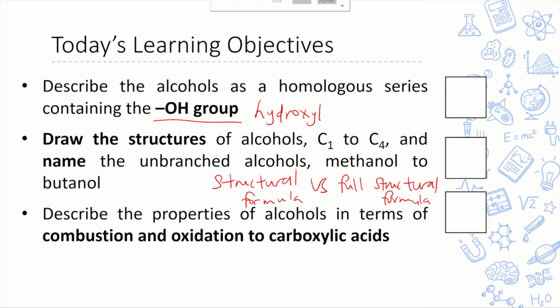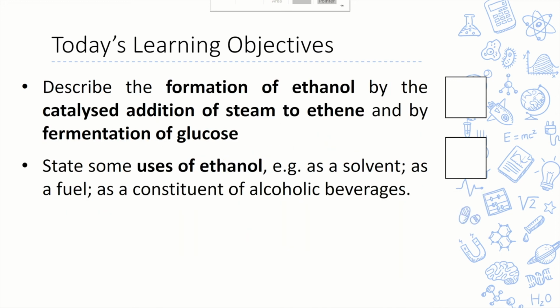Then we looked at the properties of alcohol: their physical properties, and of course their chemical properties. They will undergo combustion, as organic compounds do, and then they will be oxidized to form the next homologous series called carboxylic acid. It contains 2 oxygen atoms, whereas alcohol only contains 1 oxygen atom.